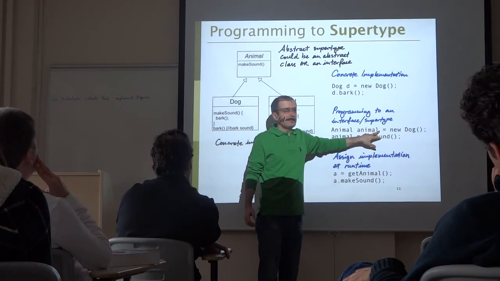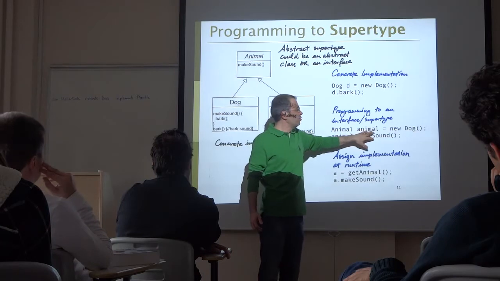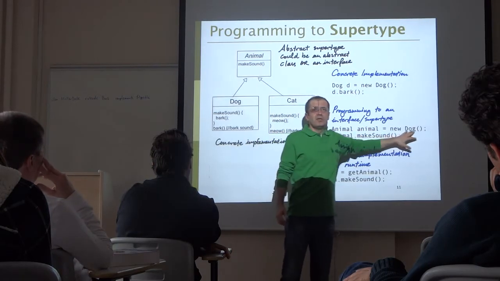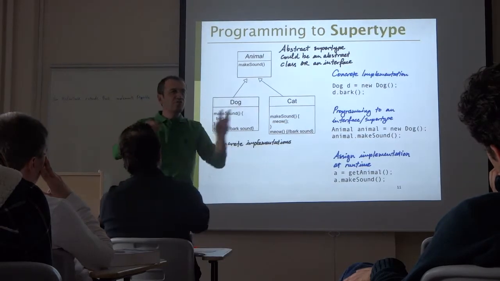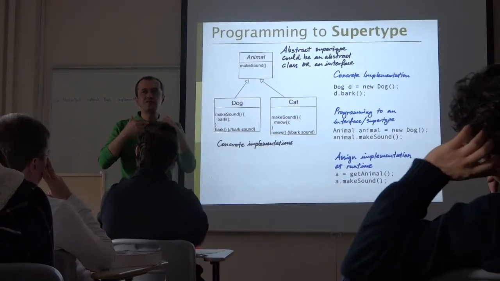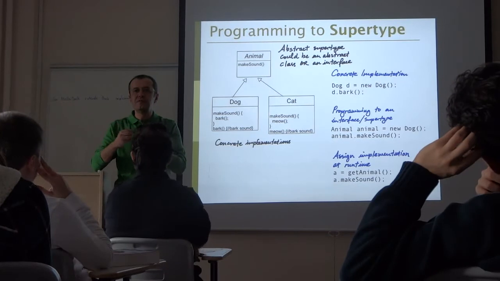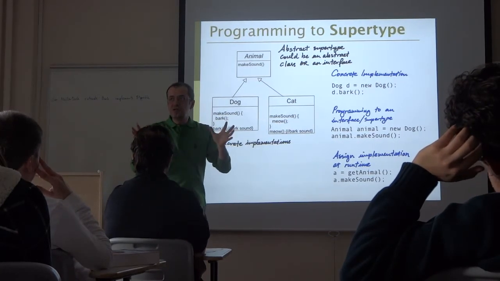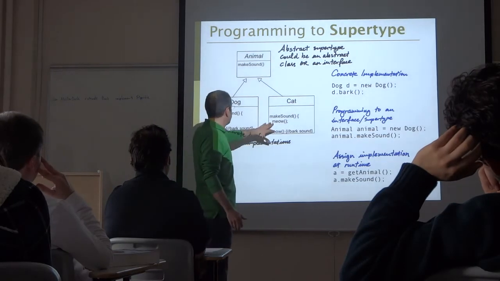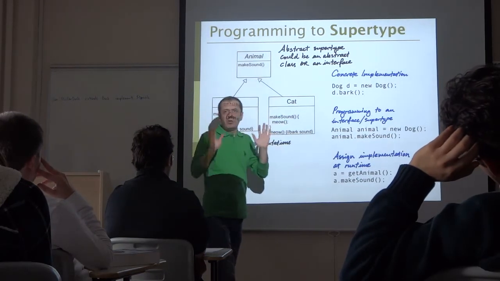This makes more sense because then I will be able to transfer this object to other objects without really knowing what it is, if it is a dog or a cat. I don't know what kind of sound it makes, and I don't care.